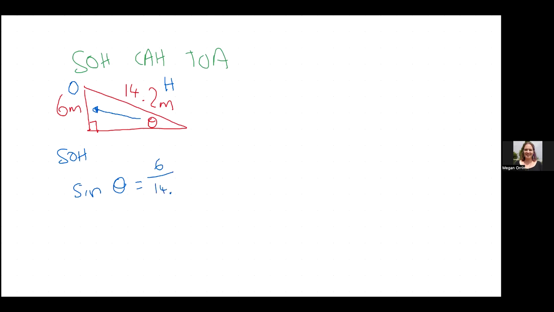How do I get theta by itself? The inverse sine. So inverse sine of 6 over 14.2. And so my angle size is, surely somebody has typed it in for me.